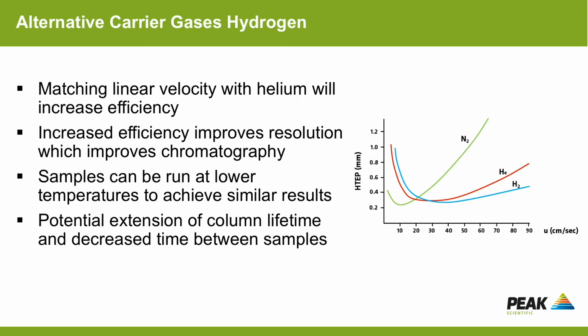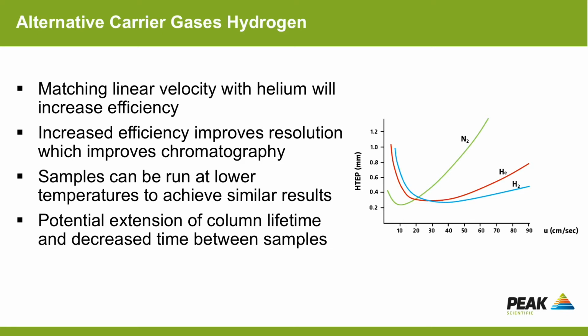It's slightly counterintuitive: what we're aiming for is the bottom of the curve, which represents better separation of sample, and as the curve steepens, we're getting worse separation of sample. So with nitrogen, we can see that separation starts to become worse once we speed up to 20 or 30 centimeters per second.